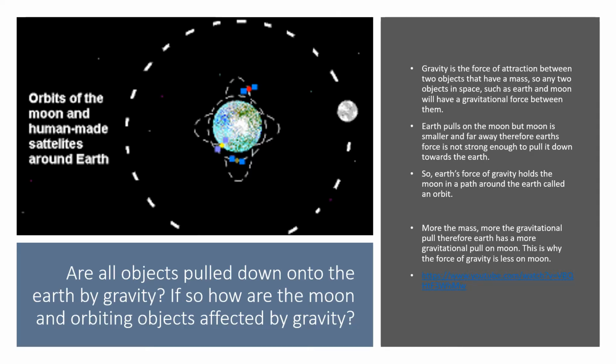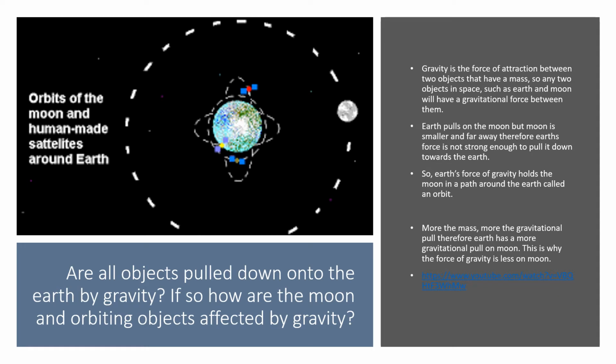So let's go to space for a moment. Now you know that gravity is the force of attraction between two objects that have a mass. So any two objects that have a mass will have a gravitational attraction between them. So why doesn't the moon come and crash on the earth? The answer is that earth does try to pull the moon, but moon is small and far away.